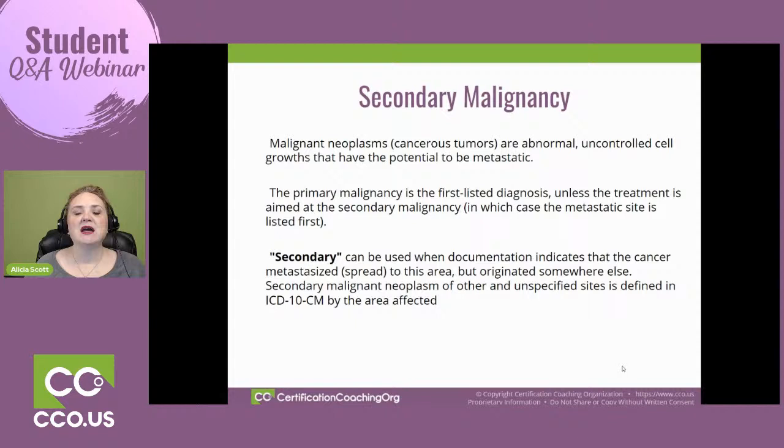Okay. Malignant neoplasm does not tell you whether it's primary or secondary. That verbiage does not say primary or secondary. However, if you see the term secondary, then you know that that is a cancer that has gone from one point to a secondary site.